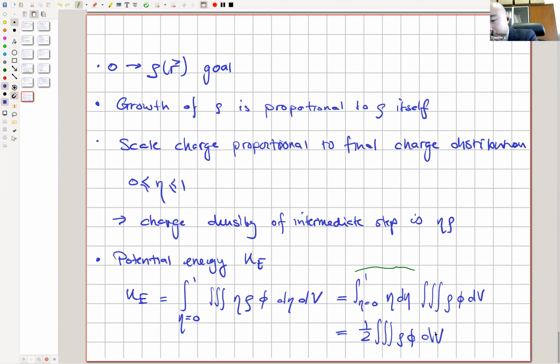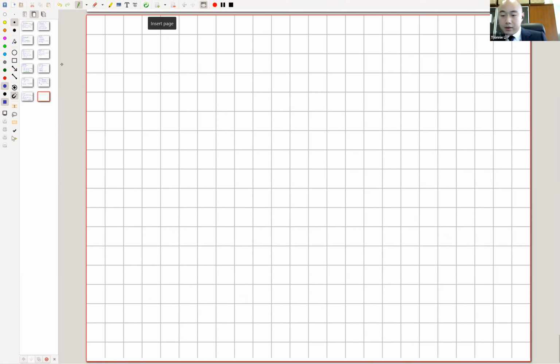We're almost there. Now I can evaluate this using Gauss's law. So we can further rewrite this.